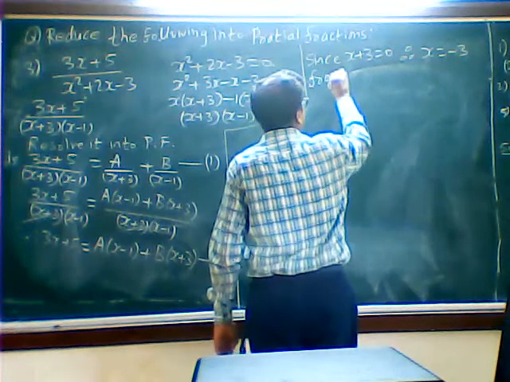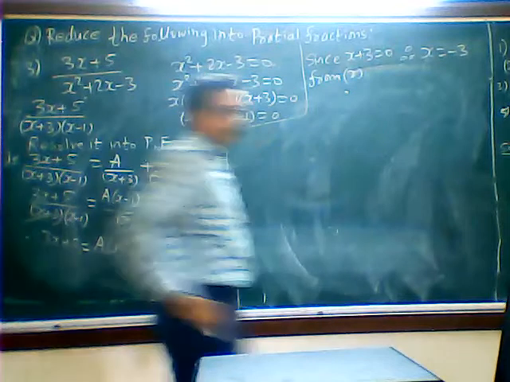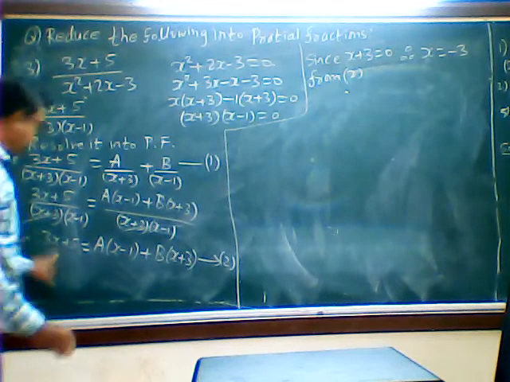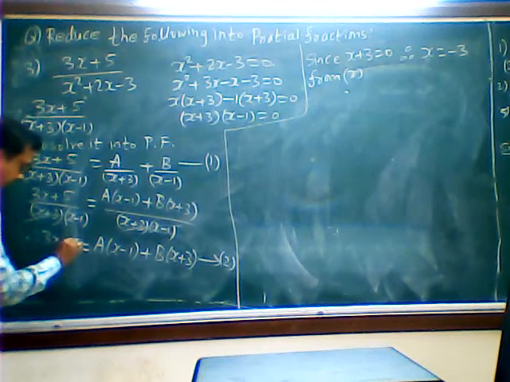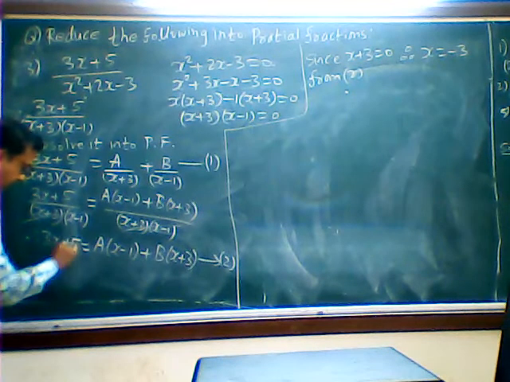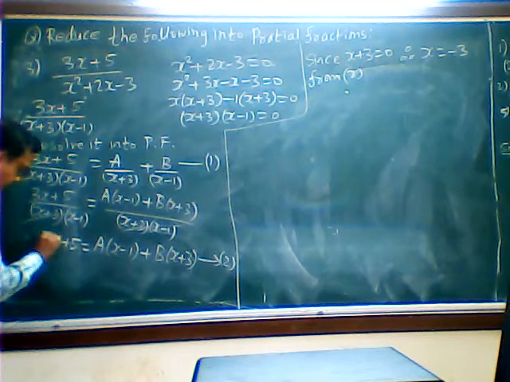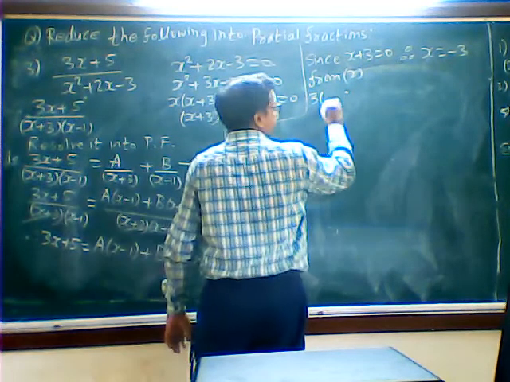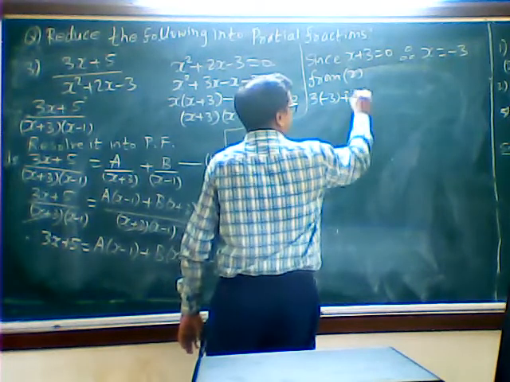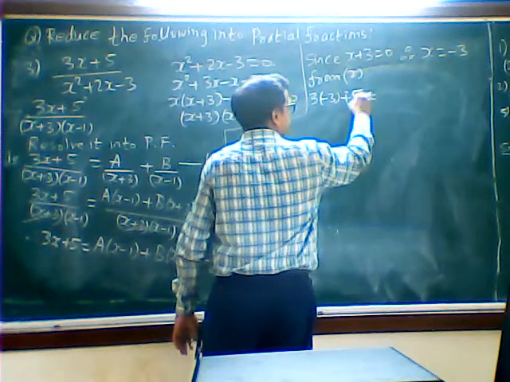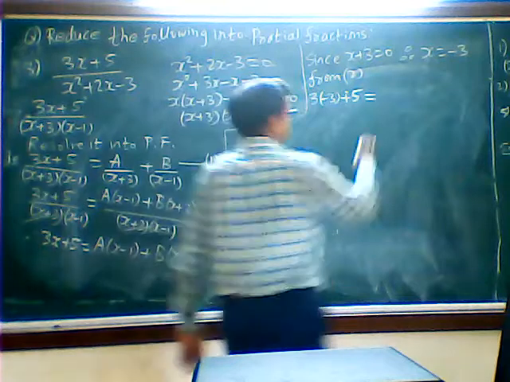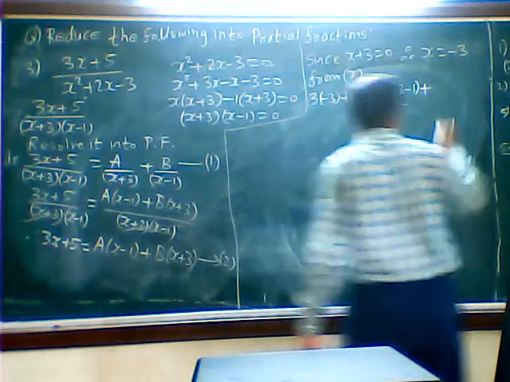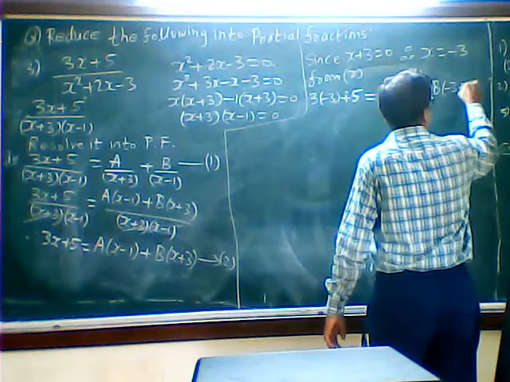Then from equation number 2, 3x plus 5, I think it is not visible properly, 3x plus 5, okay, x value is minus 3, so 3 into minus 3 plus 5 is equal to a into x minus 1, a into minus 3 minus 1 plus b into x plus 3, minus 3 plus 3.